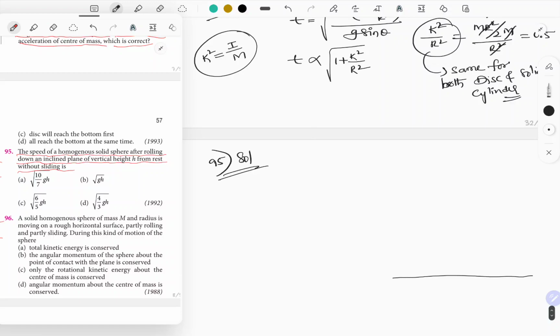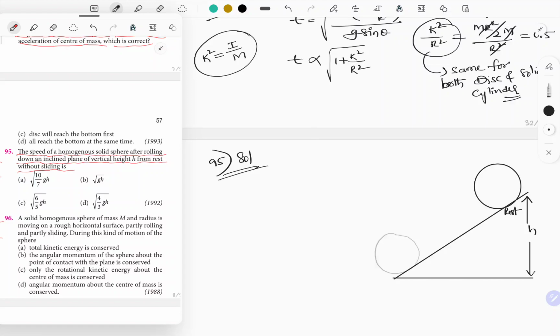The meaning of without sliding is rolling. Okay, so the object is a solid sphere, right? This solid sphere is released from rest. They said it is initially at rest position. What's the height of this inclined plane? Inclined plane height is h. When it reaches bottom, what is going to be its velocity? That's the question they're asking.